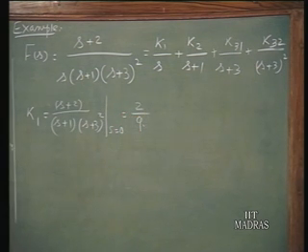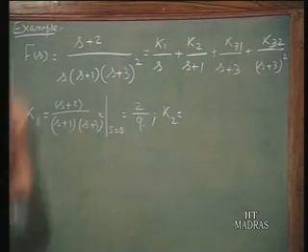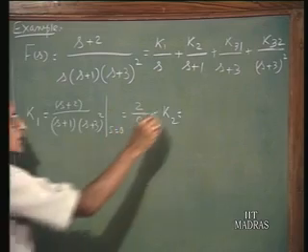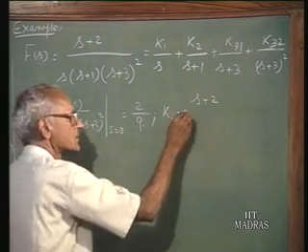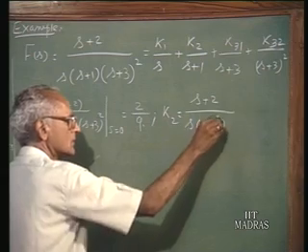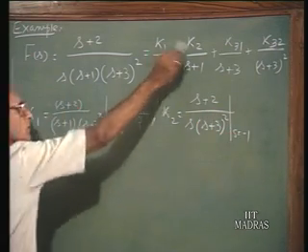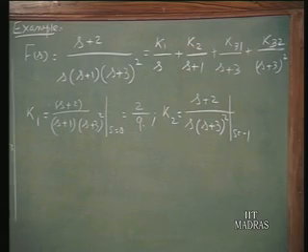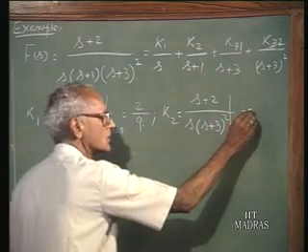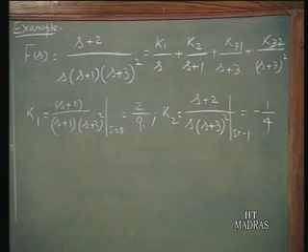Similarly, if you want to find K2, you multiply this rational function by s plus 1, which leads to s plus 2 over s times s plus 3 whole squared, and substitute s equals minus 1, because that is the pole at which you want to find the residue, and that becomes minus 1 by 4. So no problem as far as these two are concerned.